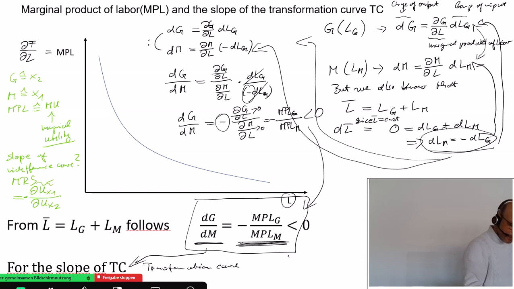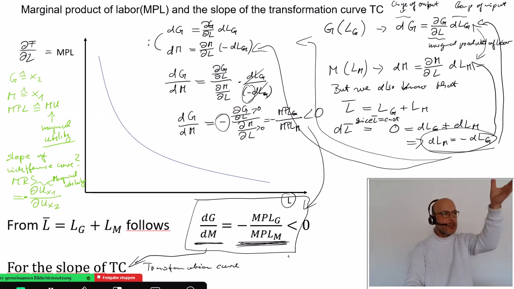And this is marginal utility. Well, very surprising, the slope of our transformation curve, the dependence between G and M, is conceptually the same as the slope of the indifference curve, which shows the dependence of x1, x2.